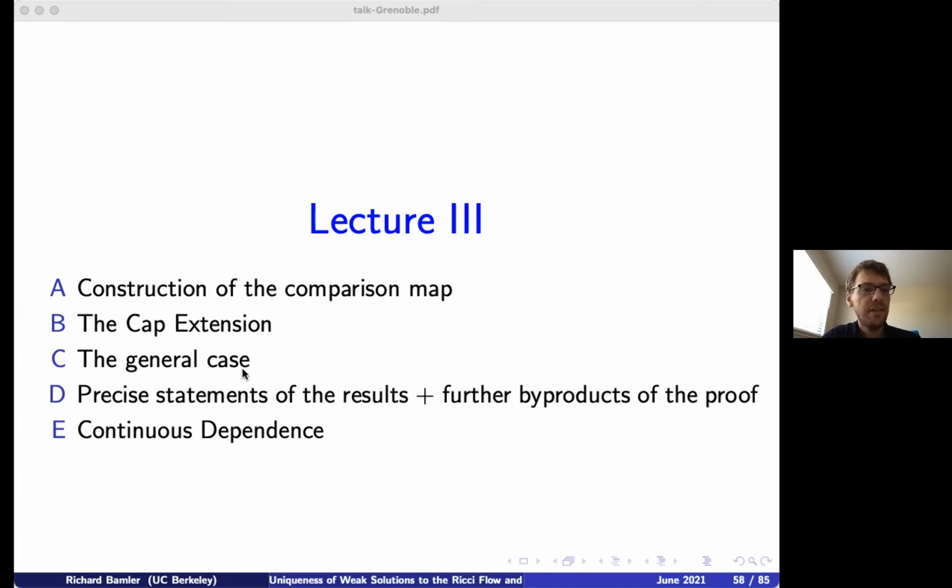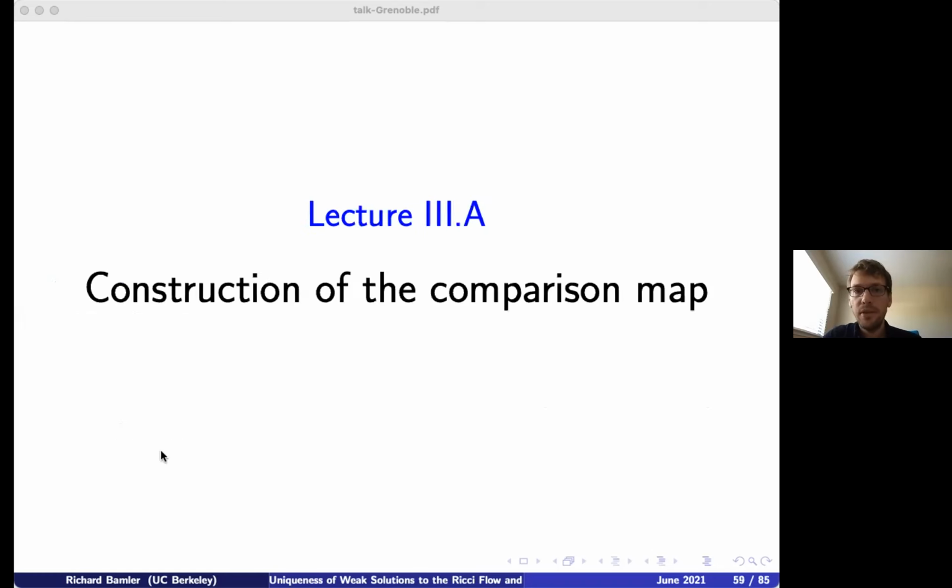Then I'll also discuss some of the general case, the one that goes beyond the toy case. And then I'll discuss some of the precise statements of the main results in more detail and indicate further byproducts of the proof, and make this continuous dependence more concrete. All right, so let me just start with this first chapter, just to give us some first ideas here.